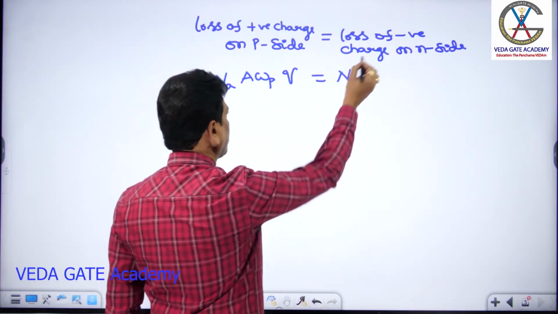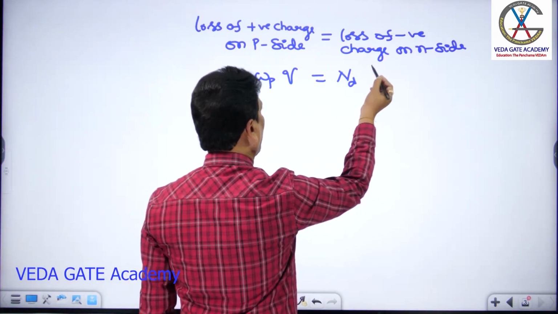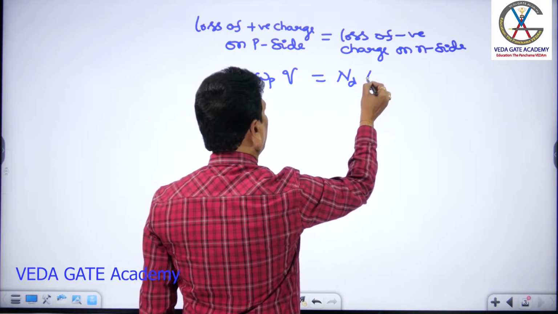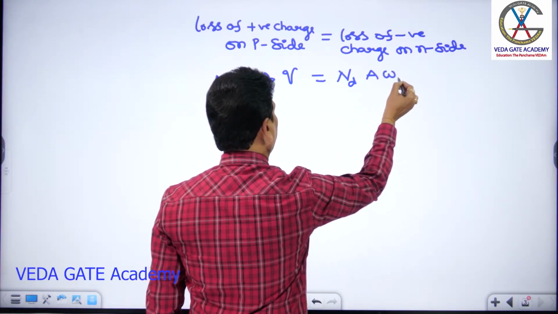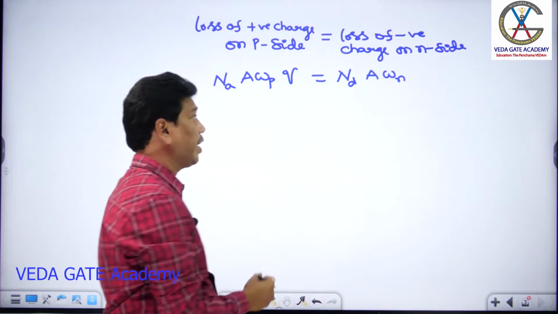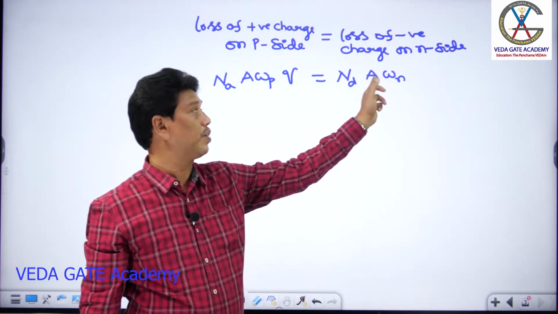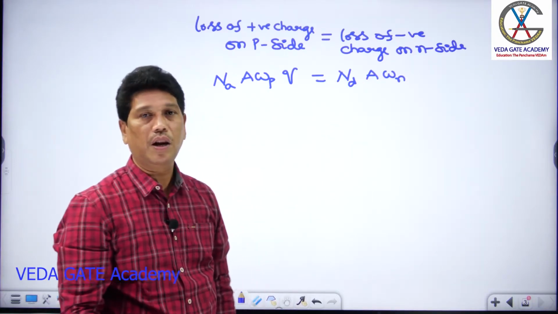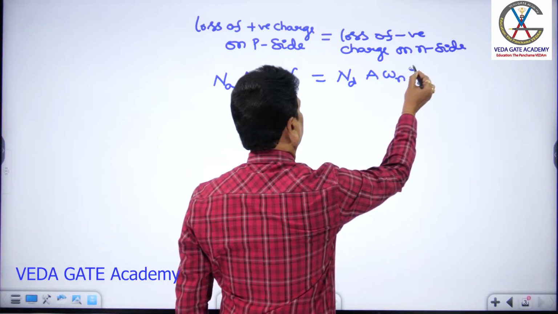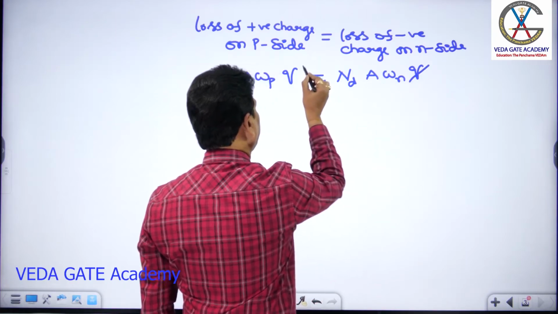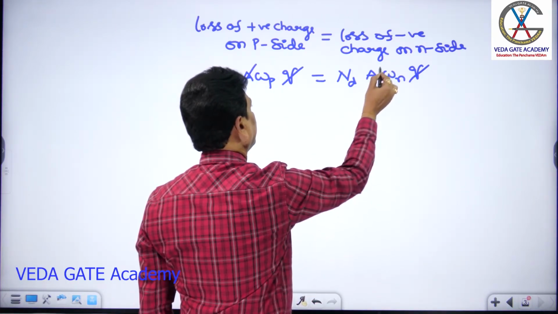So electrons are lost not over a complete region, but only over a width of WN, multiplied with A into WN, where A stands for junction area. This represents the total electrons lost over a width of WN on N side, multiplied by charge. So Q cancels, A cancels.